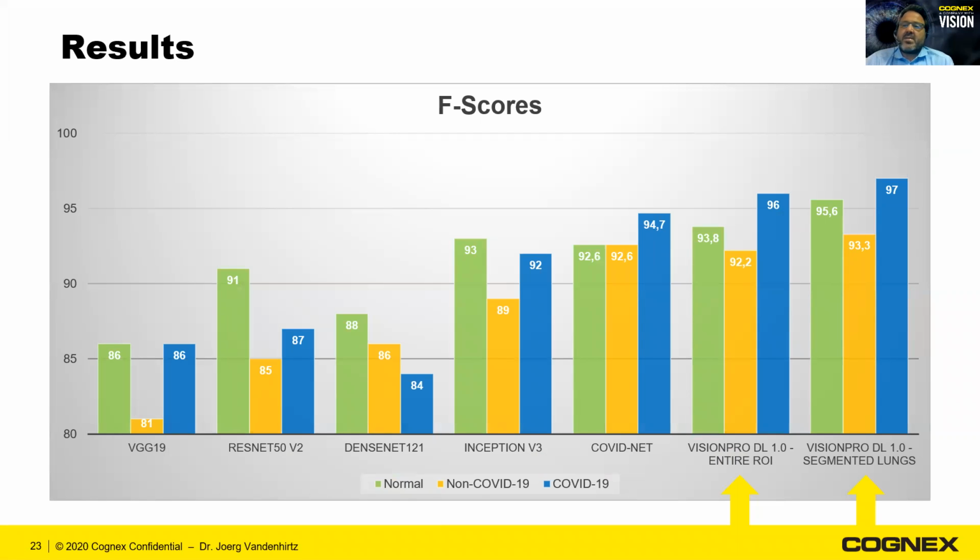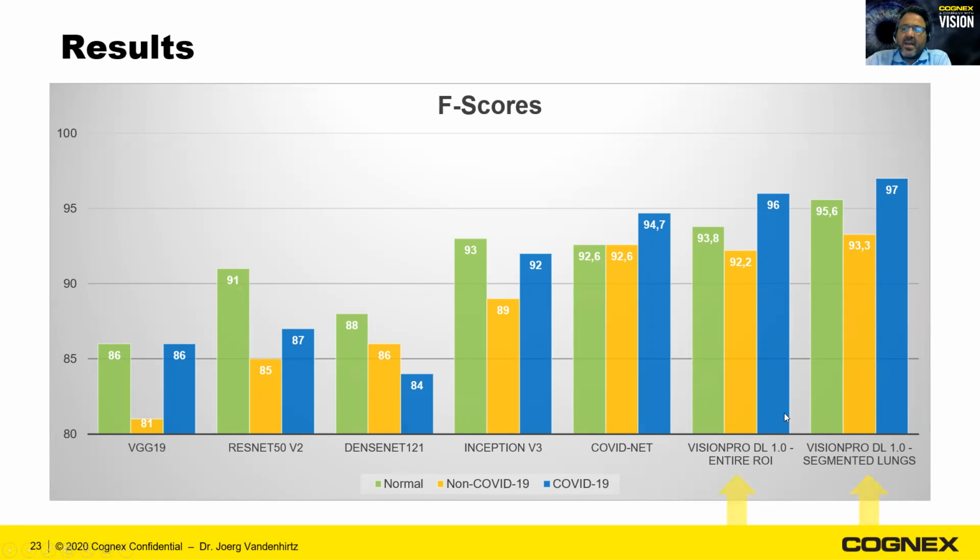And if we look at the results, we can easily see that the two COGNEX deep learning approaches have much higher F-scores than all the other architectures, which we plotted in this plot, from VGG19 up to COVIDNet, over the three classes: normal in green, non-COVID in orange, and COVID in blue.